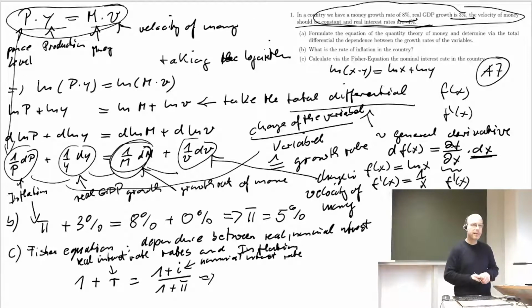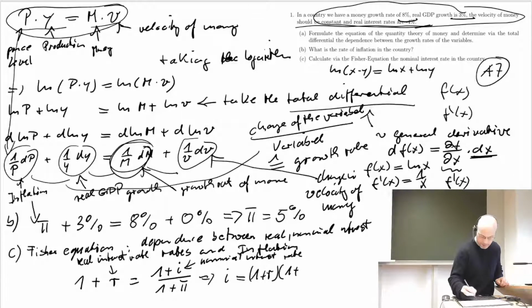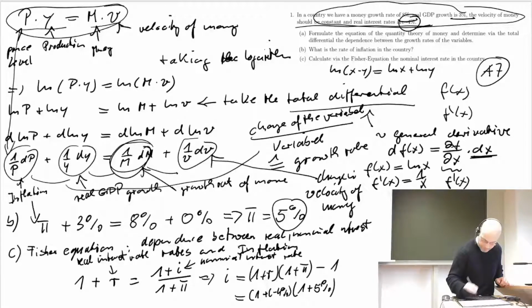We multiply with the inflation factor 1 plus pi and subtract 1. So we obtain 1 plus r times 1 plus pi minus 1. Inserting, we have minus 4%, so 1 minus 4% times, and we have calculated 5%, minus 1.